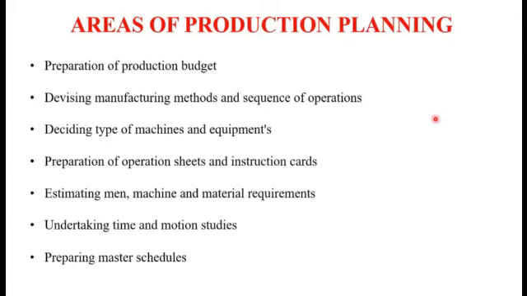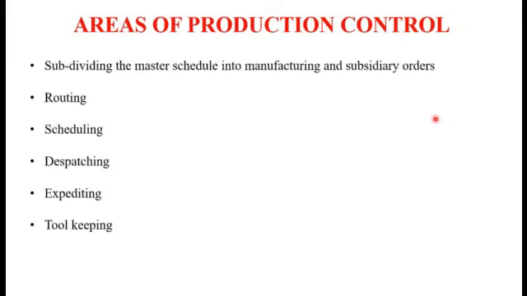Then deciding the type of material, type of machines and equipment, the preparation of the operation sheets and instruction cards, and estimating main machine and material requirements. Then in undertaking time and motion studies, this PPC can be very efficiently used. Then preparing master schedules, where production planning can be helpful.